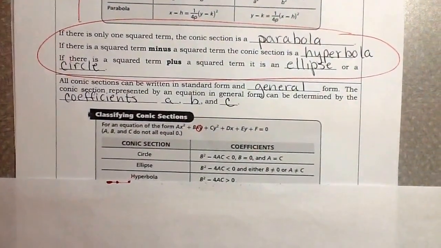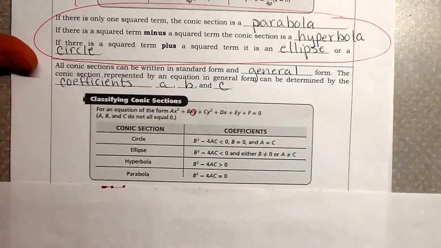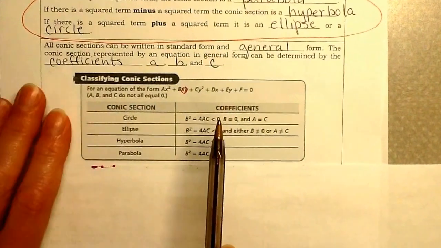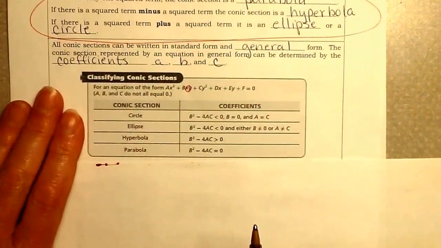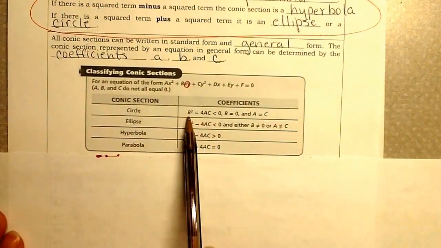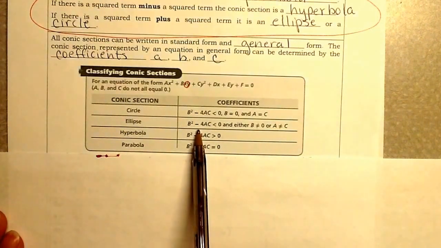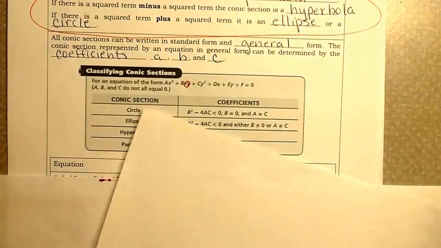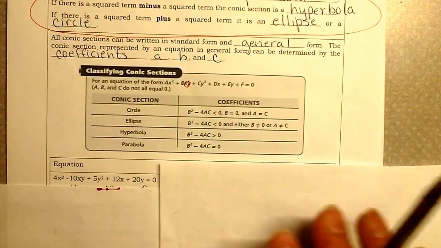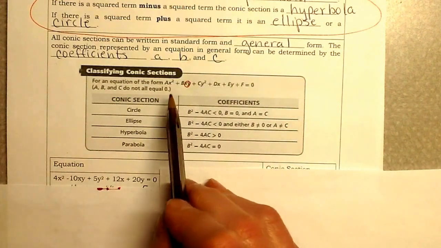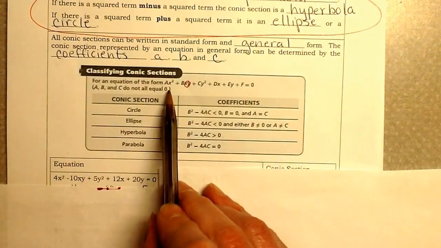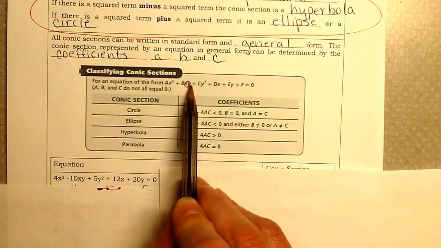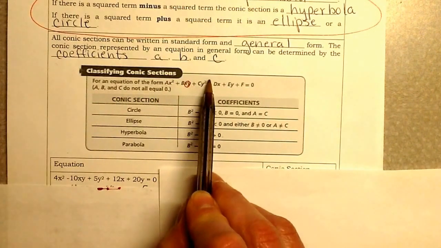Okay, so in order to determine what conic section you have when it's in general form, you can't use these rules up here. What you do is you use the discriminant, and you've seen this before: b squared minus 4ac. We're going to start out with the first equation, and make sure that you are correctly identifying A, B, and C. A is in front of the x squared term, B is in front of the xy term, and C is in front of the y squared term.